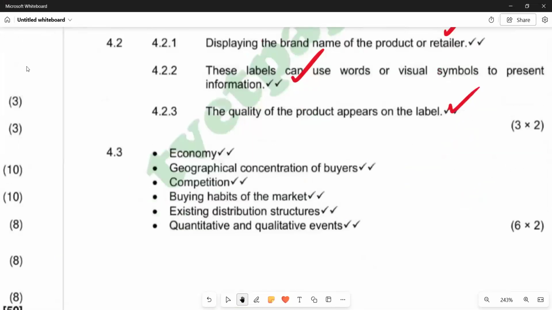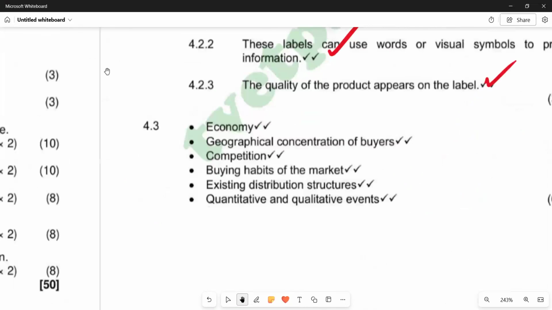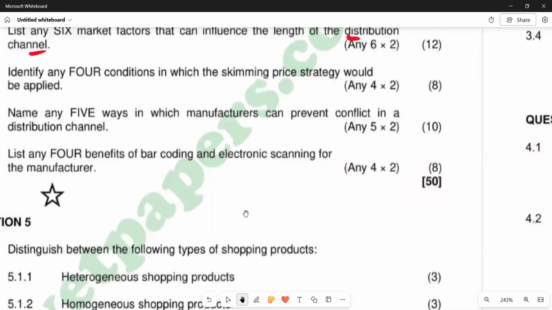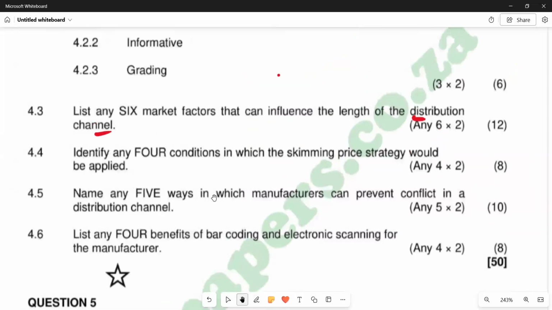These are the factors that we have. We are talking about the economy, geographical concentration of buyers, competition, buying habits of the market, existing distribution structures, quantitative and qualitative events. So these are some of the points that we can include as the market factors.